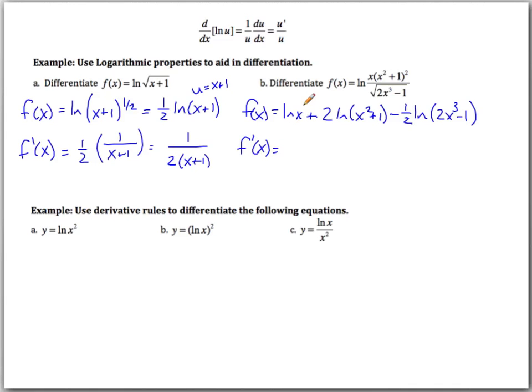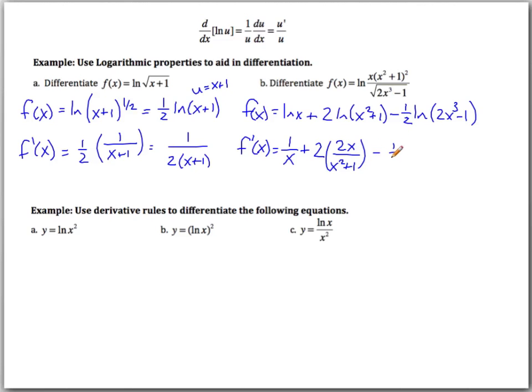Okay, now let's go ahead and find the derivative after expanding. So the derivative of natural log of x is 1 over x. Here we have our constant, so it'll be 2 times, okay, and it's got to be u prime over u. So the derivative of x squared plus 1, which is 2x, divided by x squared plus 1. So u prime over u.